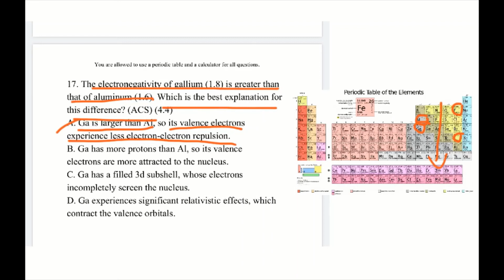Now, that's logically flawed because we know that iodine has a lower electronegativity than fluorine, which is the most electronegative element on the periodic table, and therefore justifying that this has a higher electronegativity than this based on the size is incorrect, since if you do it for fluorine versus iodine, you'll see that the exact opposite is true.